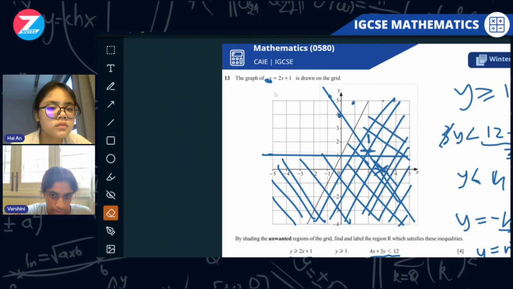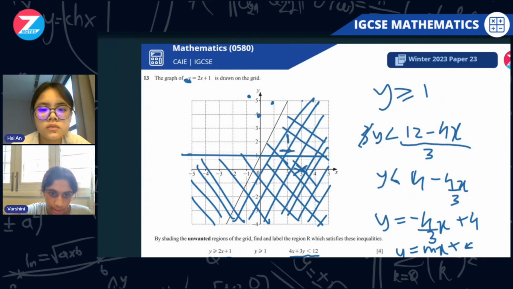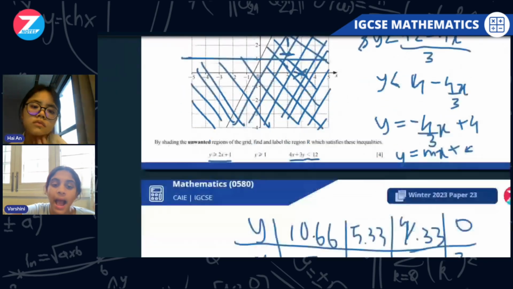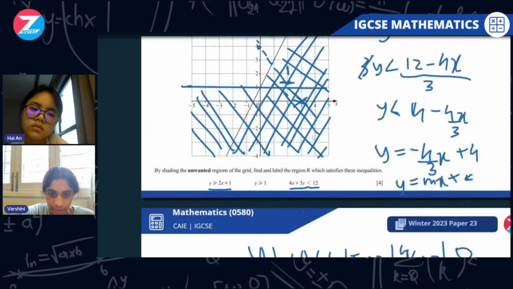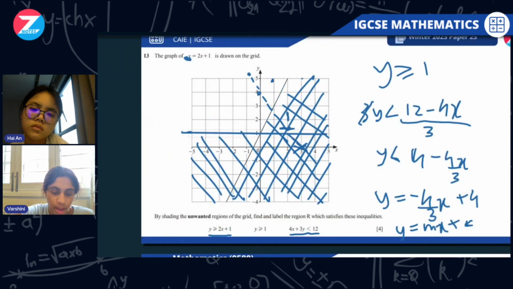Rather, it's going to be dotted. And how do we know that? So it should look somewhat like that. Make sure you use a scale when you're drawing it in the exam. And how do we know it's going to be dotted? It's because it's smaller than and not smaller than or equal to, which means that it doesn't include any of the values, so it's going to be dotted.